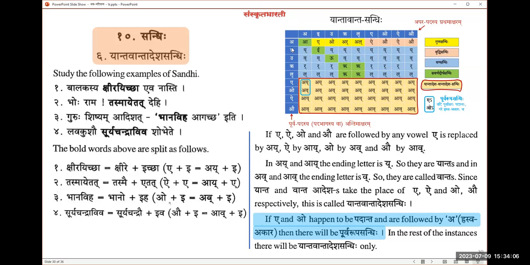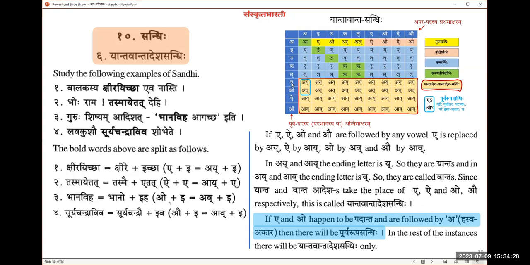Then it will become Yana Sandhi and all those. It goes into a different row in the table. No, see, we fall into the Yanta Vanta zone only with e, ai, o, au as the antakshara. That's what this column, this Purva Padasya Antimaksharam, shows. And that row name is Apara Padasya Prathamaksharam.